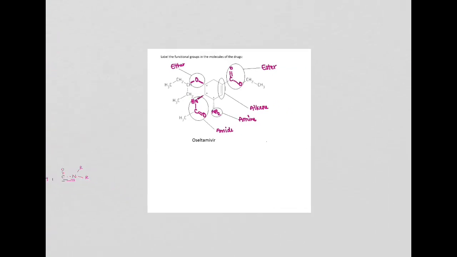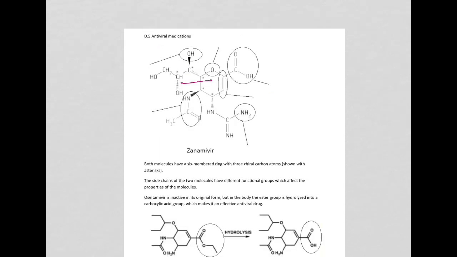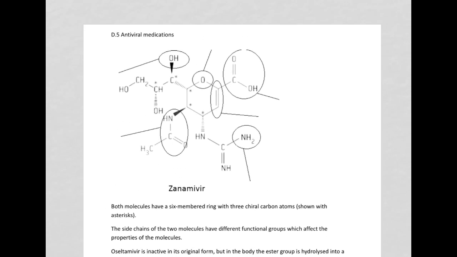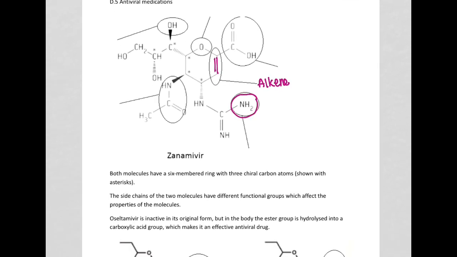So we have been able to identify those functional groups labeled. Let's try to do the same thing for the molecule of zanamivir. So we have the double bond here again. So this is again alkene. You have NH2 here.